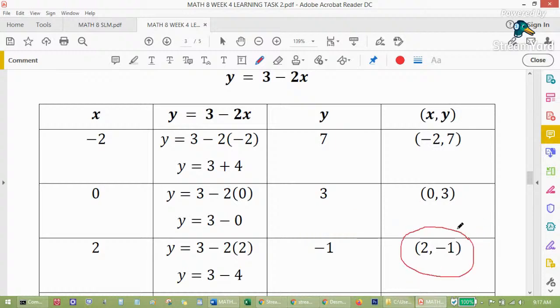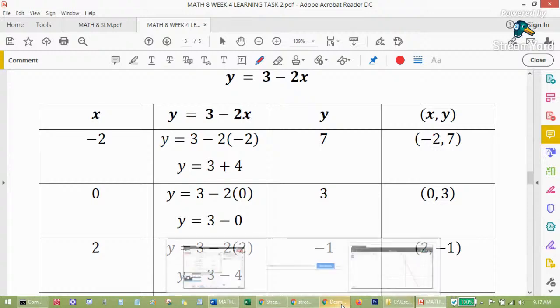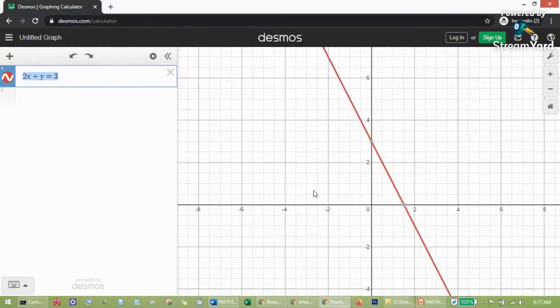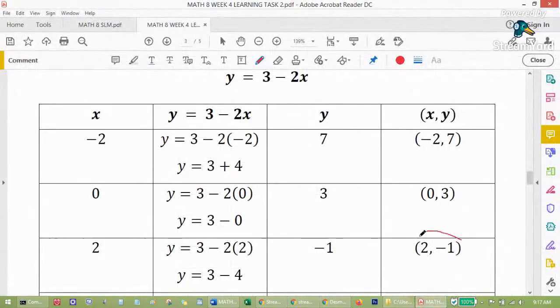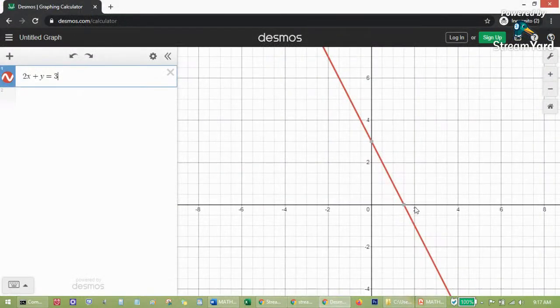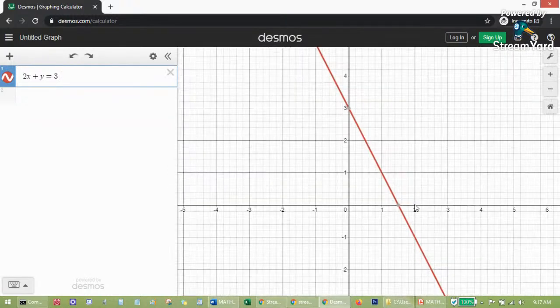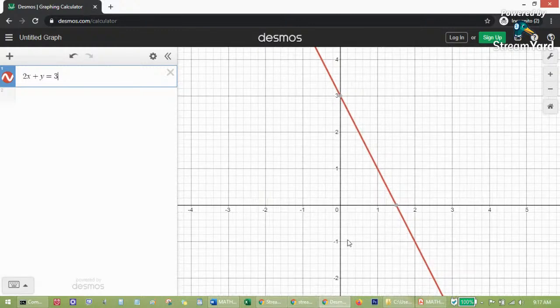So, dapat tong point na to ay nakapatong din dito sa graph na to ng 2x plus y is equal to 3. So, hanapin natin ang positive 2. Ayun ang positive 2. Zoom in lang natin para lumabas yung 1. Okay, ayan na. Lumabas na yung 1.